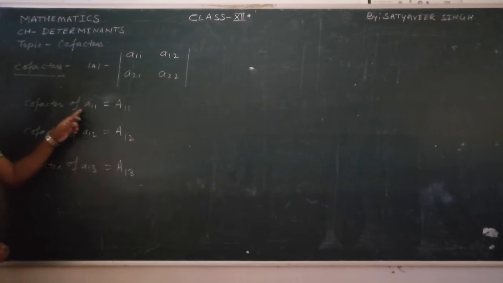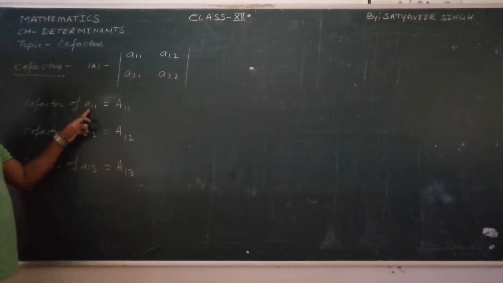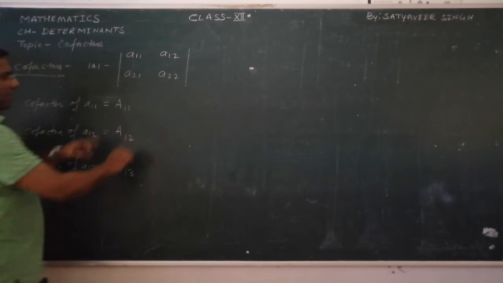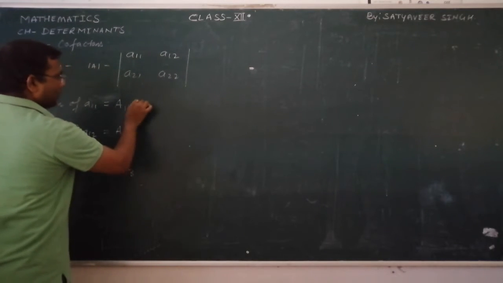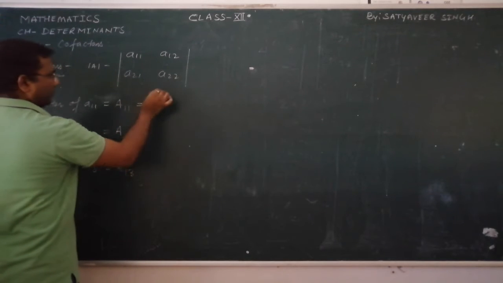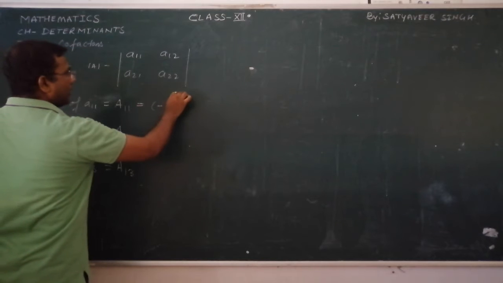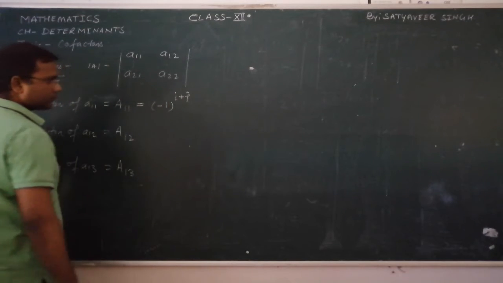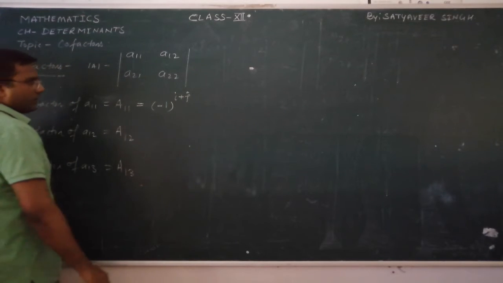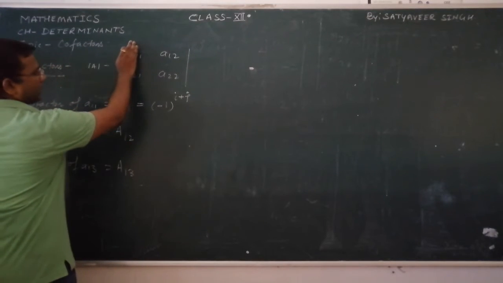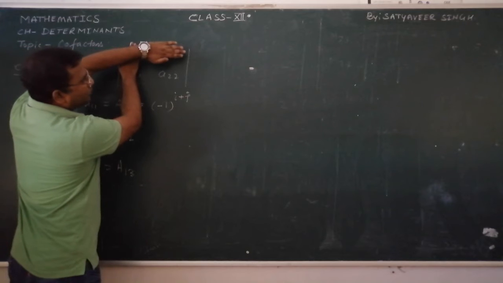For finding the cofactor of the first element A11, that will be represented by capital A11, that will be equal to, the procedure is what? Minus 1 raised to i plus j, and the determinant of the remaining element, if you hide the first column and the first row.